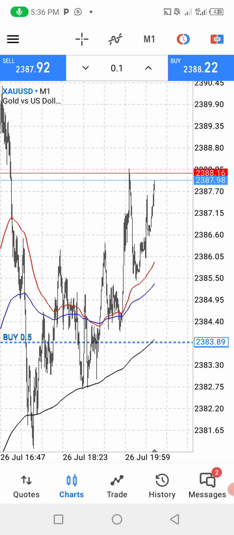If you want to sell, when the moving average loop has crossed below and price is below it. And then if you are trying to buy, wait for the moving average loop to cross up and price is above it, and then you buy.